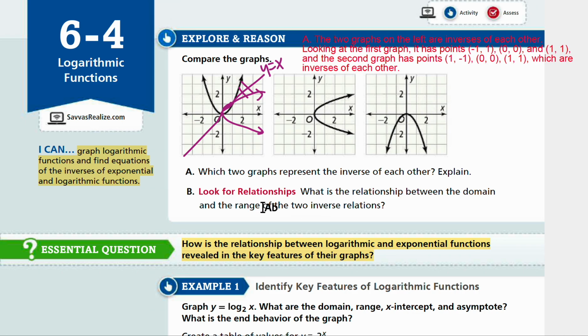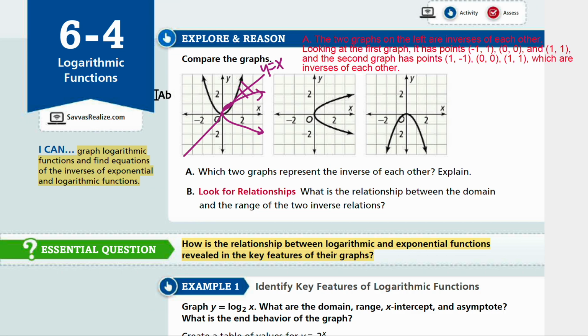Let's look at part B. What is the relationship between the domain and the range of the two inverse relations? So by definition, inverse functions have domain and range flipped on the opposite side, right? So the domain of the first graph, which is all real numbers, is the same as the range of the second graph, which is all real numbers for the range, which is not a function, by the way.